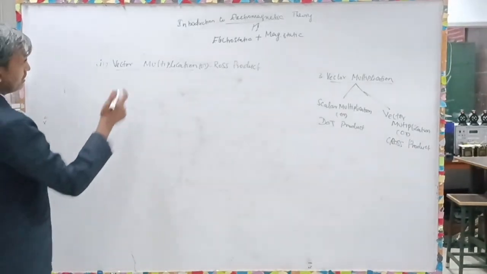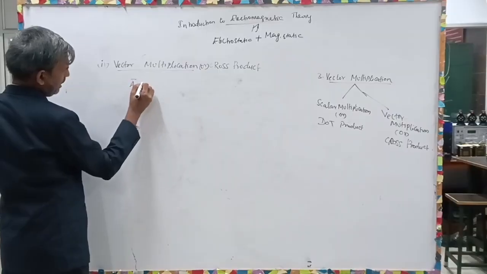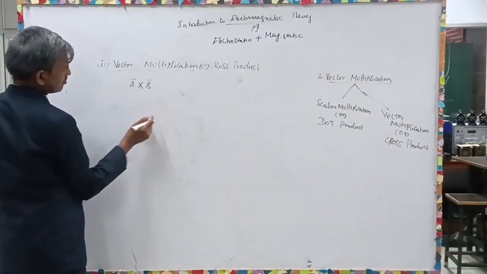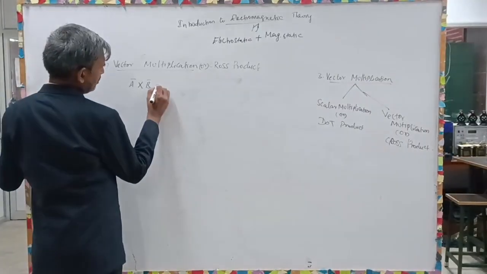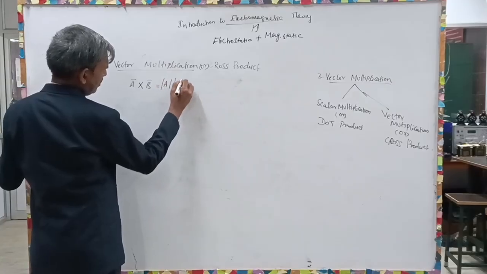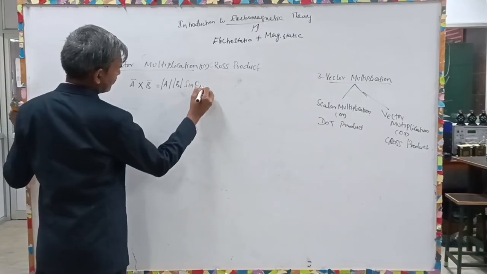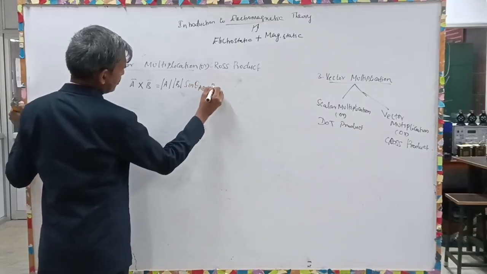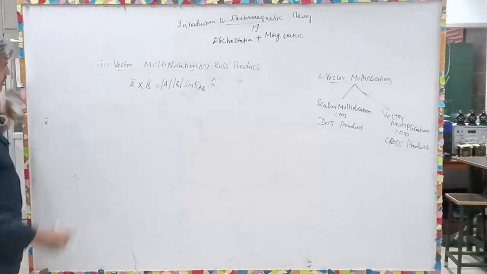So as per the definition of cross product, we are considering two vectors, A cross B. We are going to take the cross product of these two vectors. A cross B is equal to modulus of A, modulus of B, and sine of the angle between A and B, along the unit normal vector.